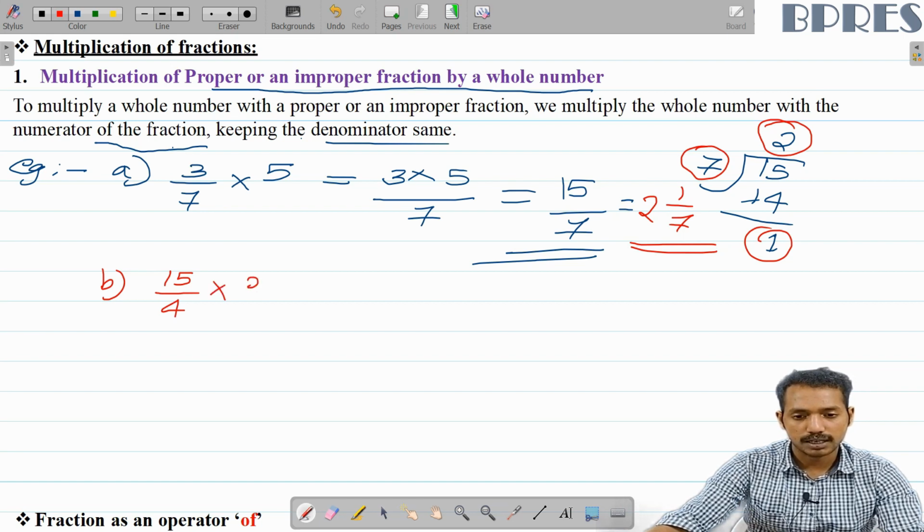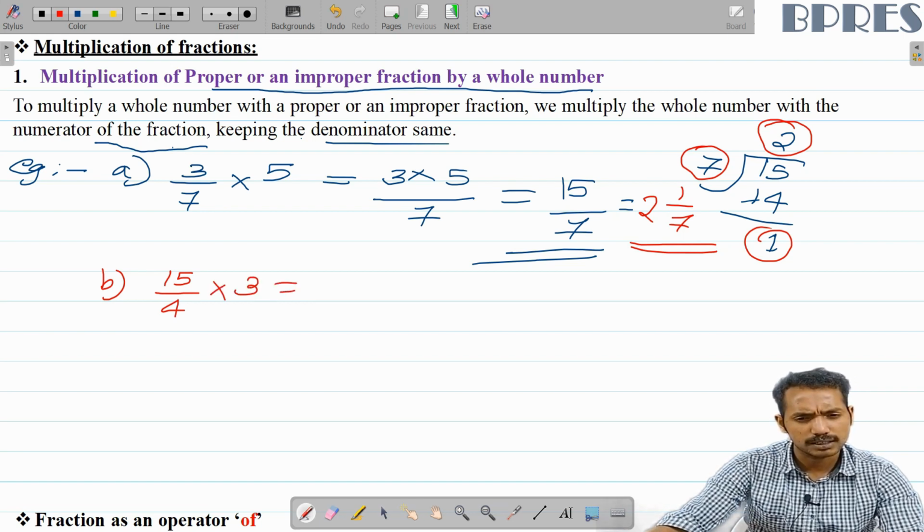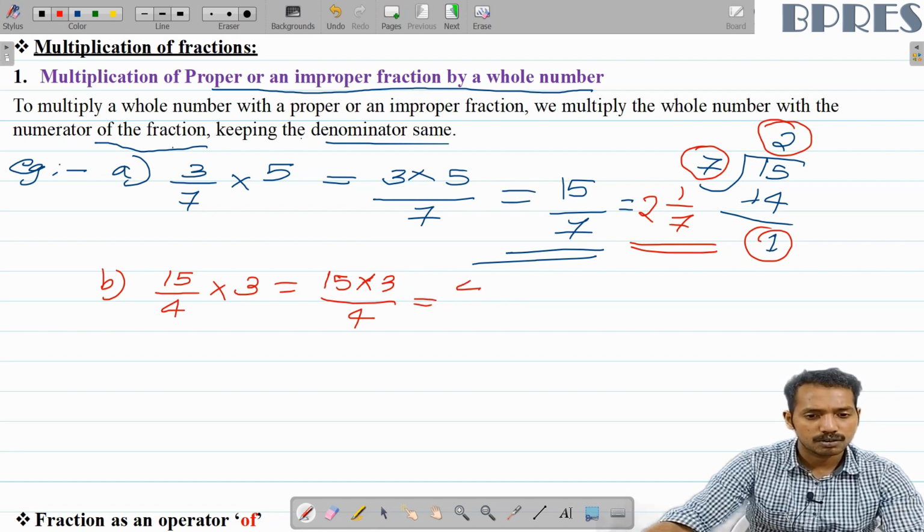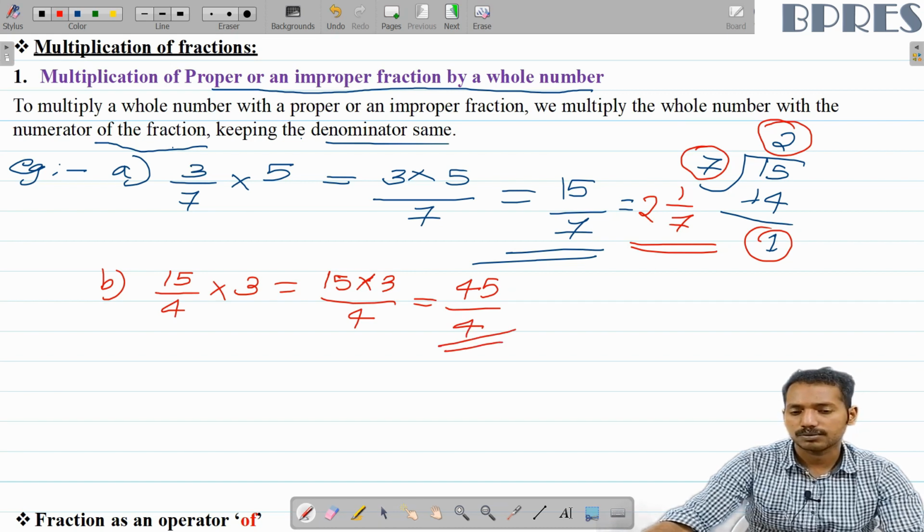If we multiply with another whole number, same as we did in the first case, that is just multiply this numerator with the whole number. So 15 into 3 divided by 4. Keep the same denominator. 15 into 3 is equal to 45 divided by 4.